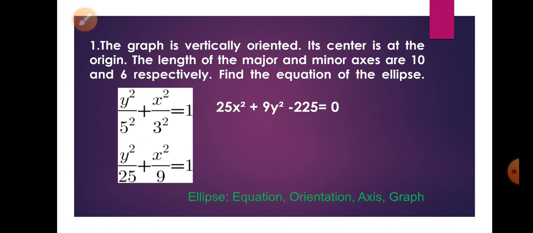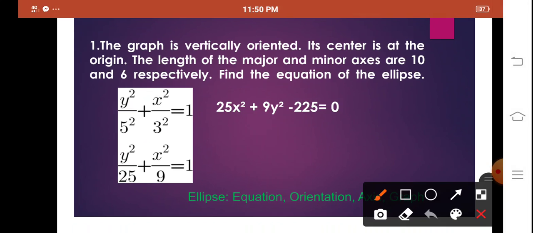Now to write the equation of an ellipse into its general form, all we have to do is eliminate fraction. So we multiply both sides by the least common multiple of 25 and 9.